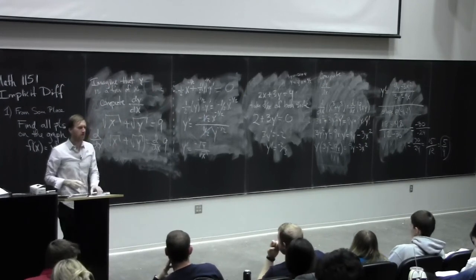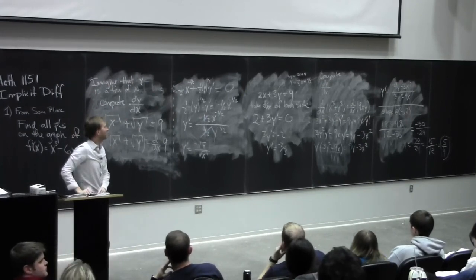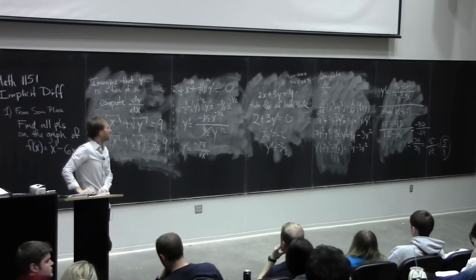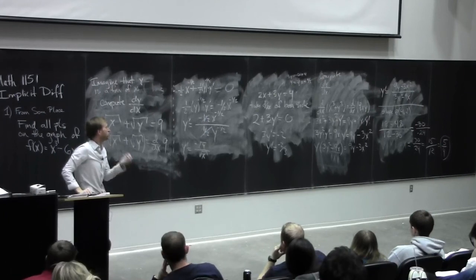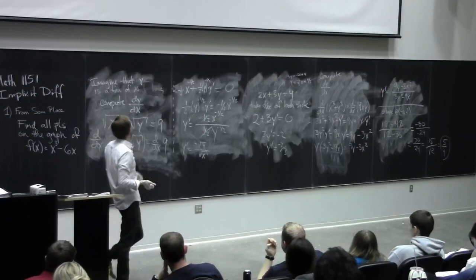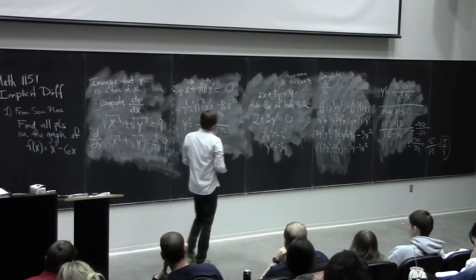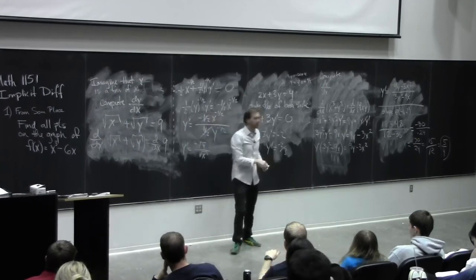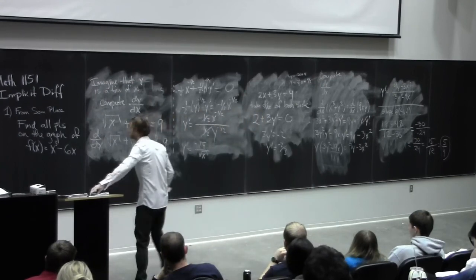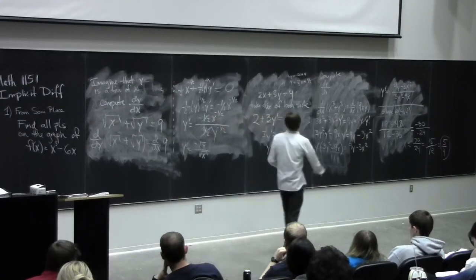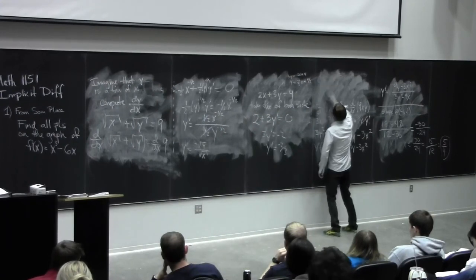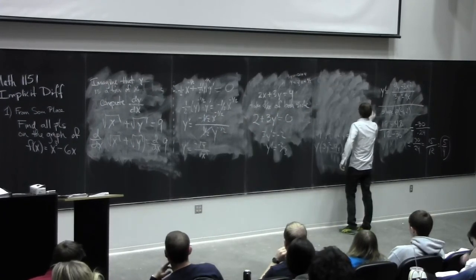So why do we compute dy over dx and then solve it? She says, if we say compute dy over dx, why are we doing this? Well, I'll answer your question. I just have to erase some stuff.